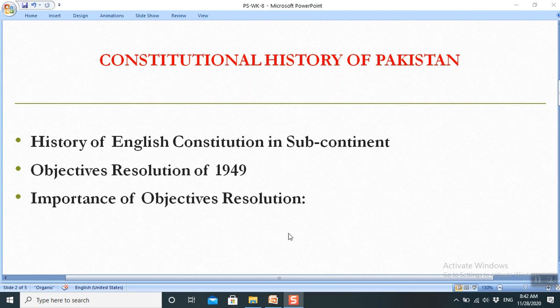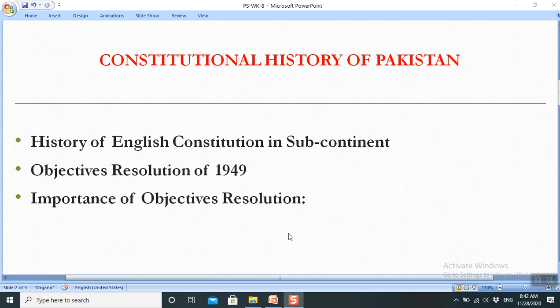These were the major issues that the leaders kept fighting with, and the constitution was delayed. After the death of Quaid-e-Azam, the entire responsibility was on Liaquat Ali Khan to develop a new constitution.